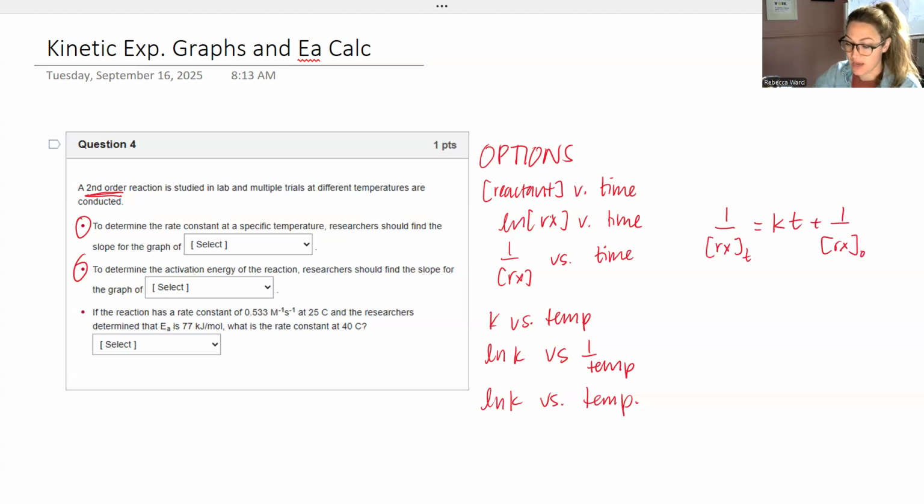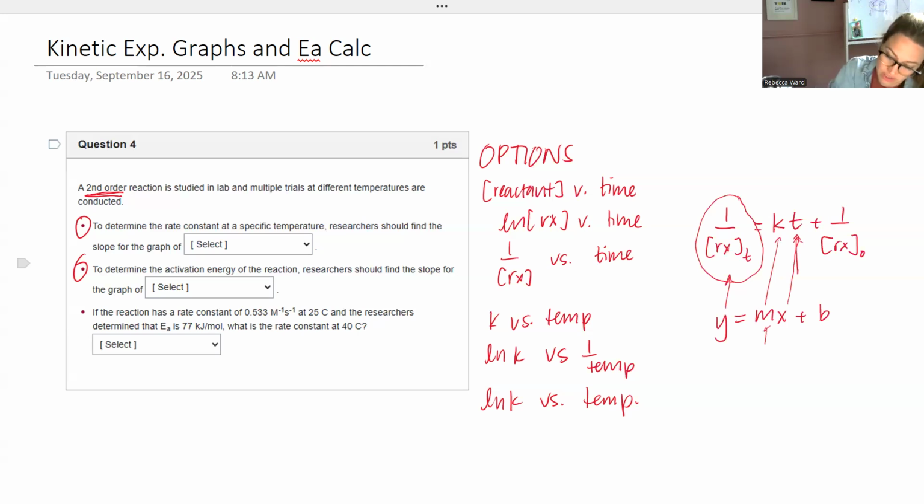So when we plot 1 over the concentration versus time, notice that this has the same format as a standard linear equation, y equals mx plus b. Provided that we plot 1 over our concentration versus time, that's our x, then our slope would be the rate constant. So the answer I'm looking for in this question is 1 over the reactant concentration versus time.